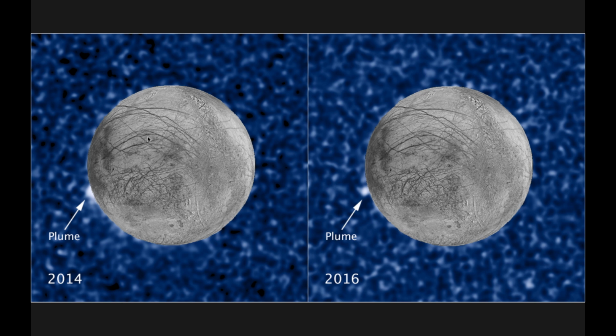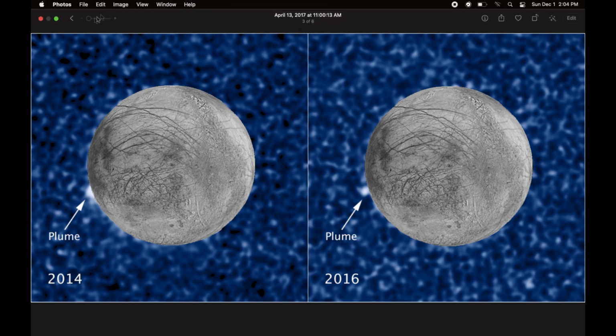And it's estimated that the plume on the right here should be at about 100 kilometers above Europa's frozen surface, and this one on the other side should be about 50 kilometers above the surface. Interesting facts and figures, of course.